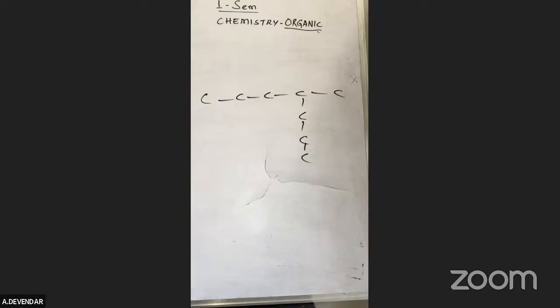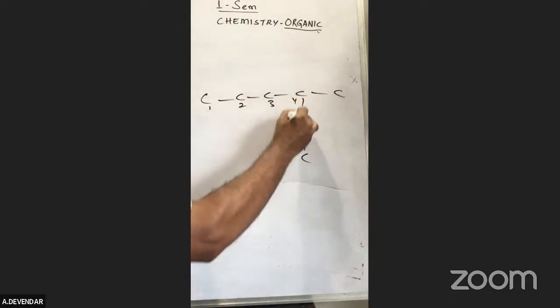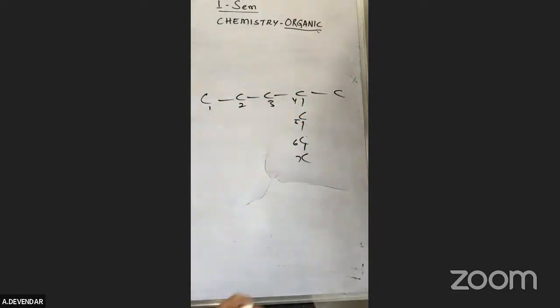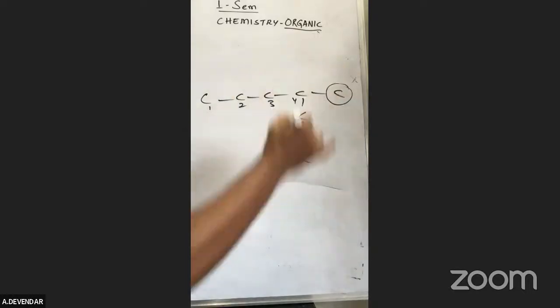Now coming to the second one. The substitution present should be on the minimum numbered carbon atom, that means the least numbered carbon atom. Substitution means branch, just now called the prefix. Suppose I selected 1, 2, 3, 4, 5, 6, 7, and this is the branch.